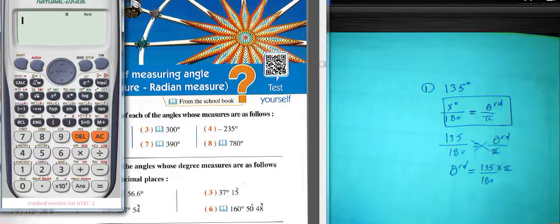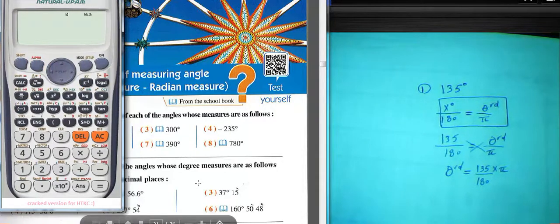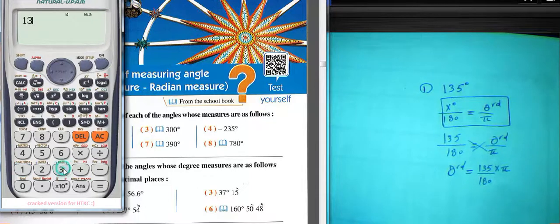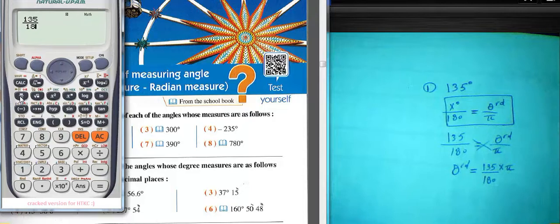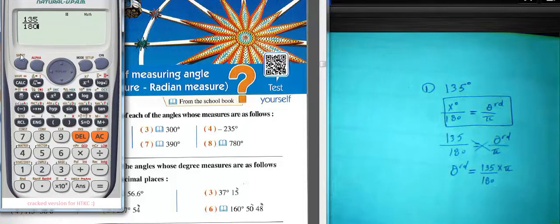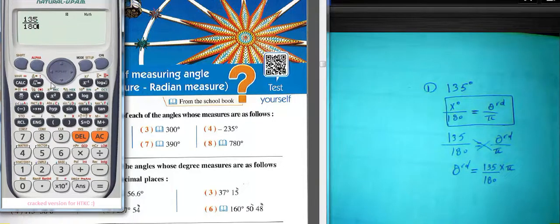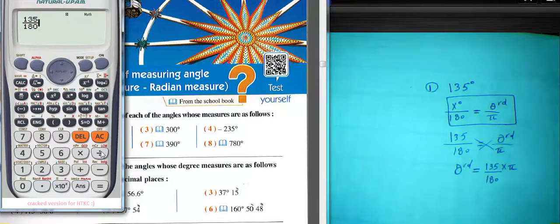Look at this calculator. We write 135 in fraction over 180, multiply by pi.